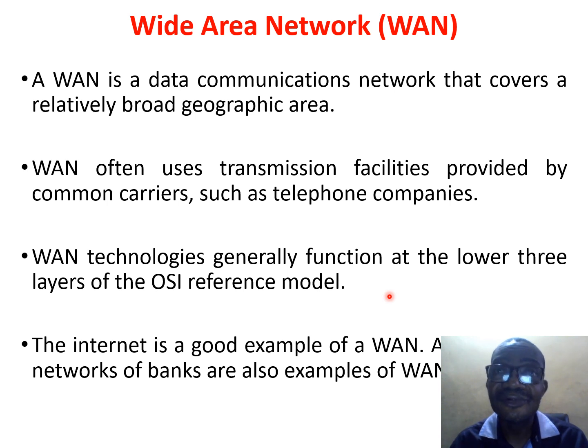For example, we have banks in Nigeria that have their networks across the entire country, such that if you open a bank account in one branch, for example in Lagos, and you go to Maiduguri in Borno State of Nigeria, you can easily access your information because the bank has a wide area network.